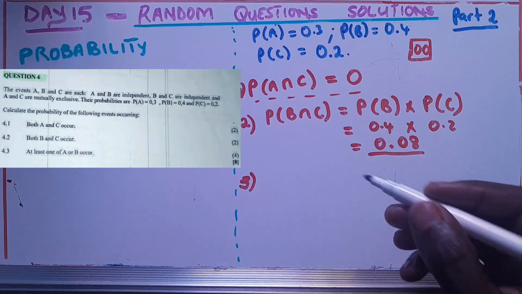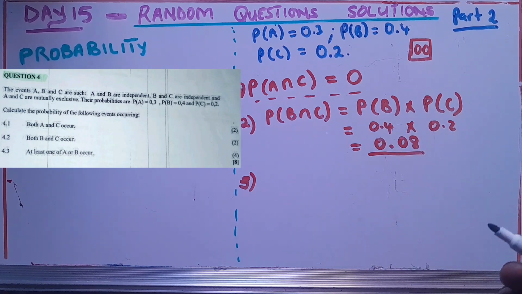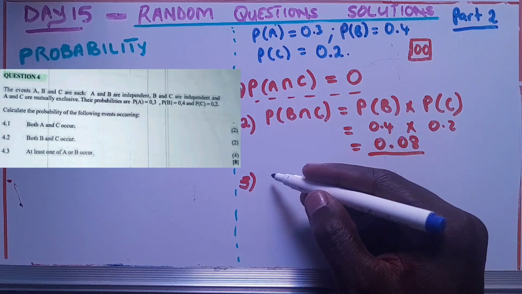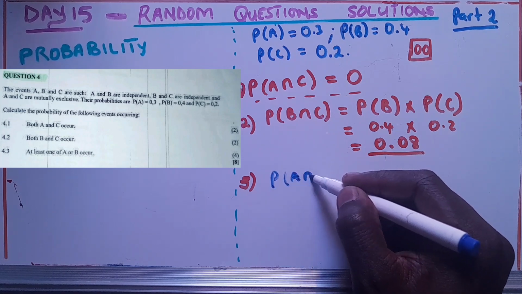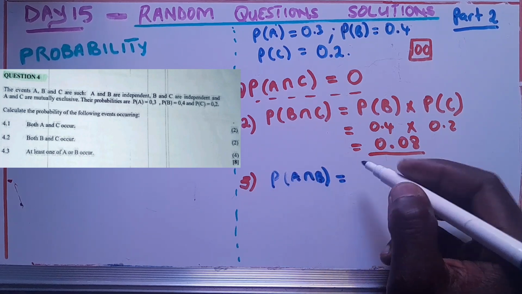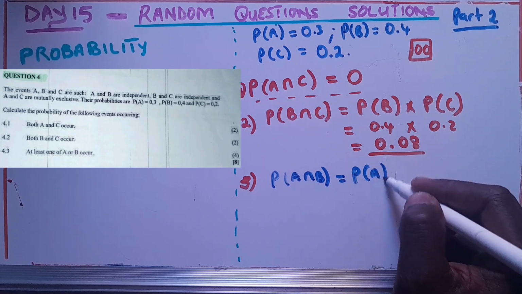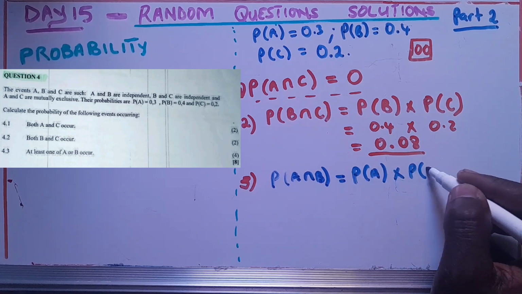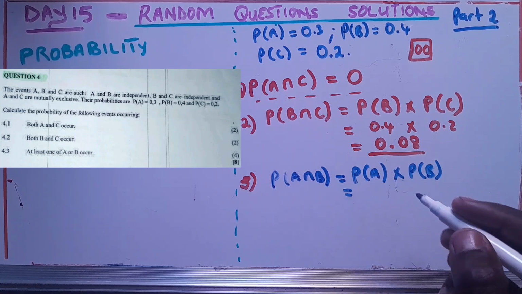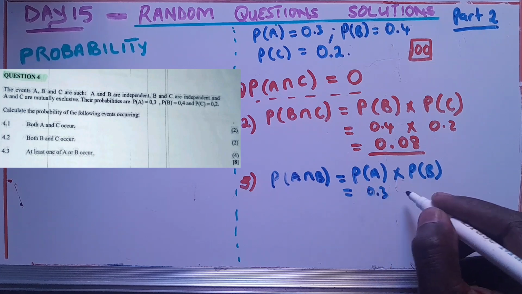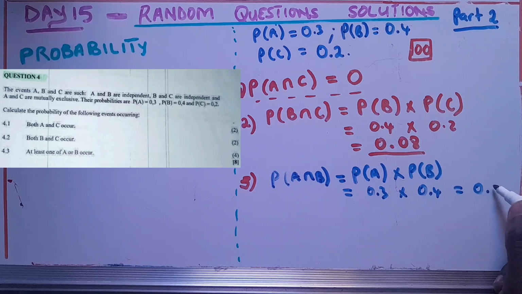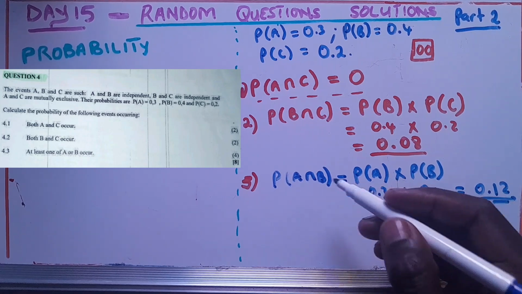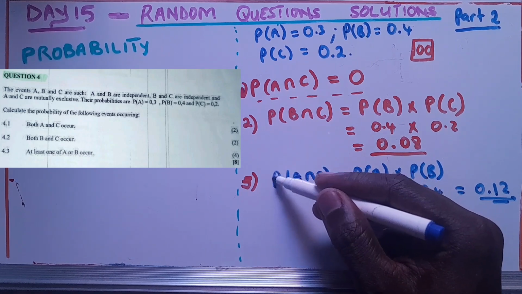We are told that A and B are independent, so the probability of A and B is the probability of A multiplied by the probability of B. A being 0.3 multiplied by 0.4, you get 0.12. So this is the probability of A and B.